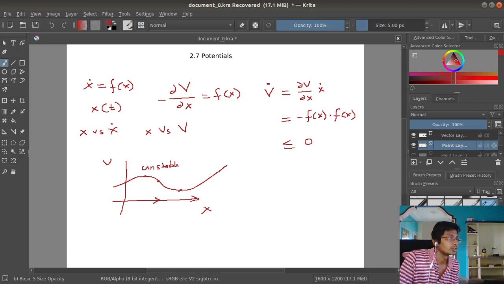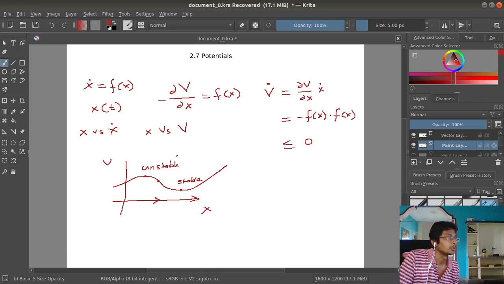What about this? If I give a little disturbance, it will come back to the equilibrium point, and the same goes for the other direction as well. So this is a stable fixed point.